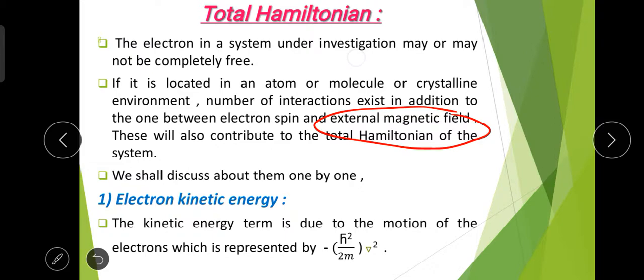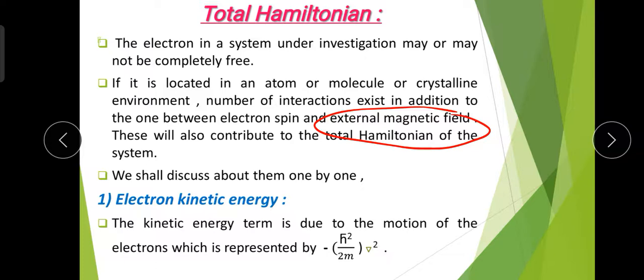So if we consider an atom or molecule or crystalline environment, a number of interactions exist in addition to the one between electron spin and external magnetic field. That means one of them is the interaction between the electron spin and the external magnetic field, but similarly we have other interactions. These will also contribute to the total Hamiltonian of the system.